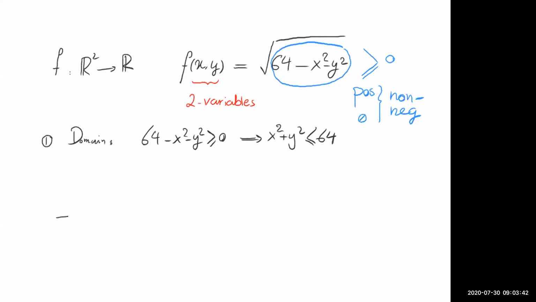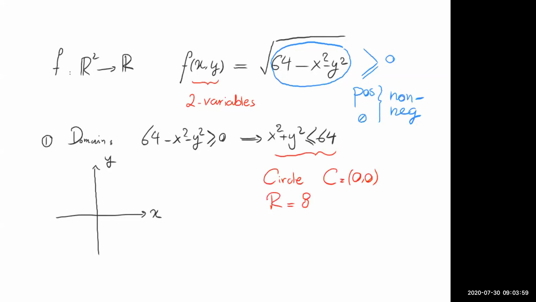Well, we can sketch the domain of this function. This actually describes the circle centered at the origin with radius 8. Now, the equation which describes this circle is x squared plus y squared equals 64.